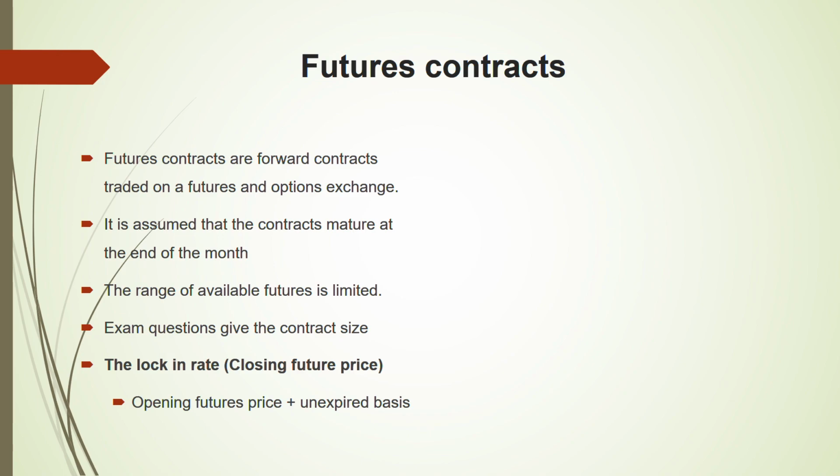In the exam they don't tell you this in the solution. That's the reason students get confused. I think the examiner should make it more clear. But it's okay. Now that you know, you will not make this mistake. So it's automatically deducted. The easiest way: if it's positive you add, if it's negative you deduct, with the opening future price, because basis could be positive or negative.